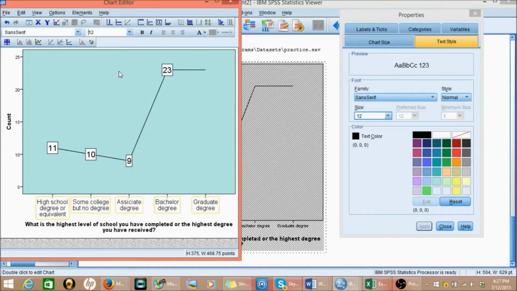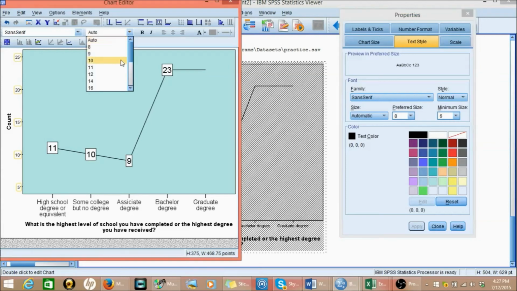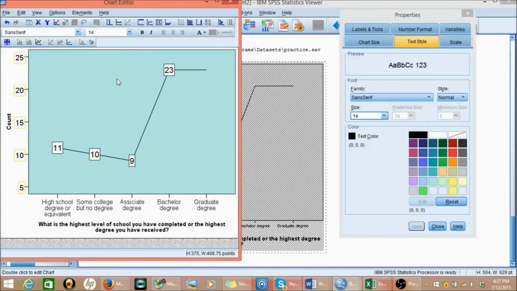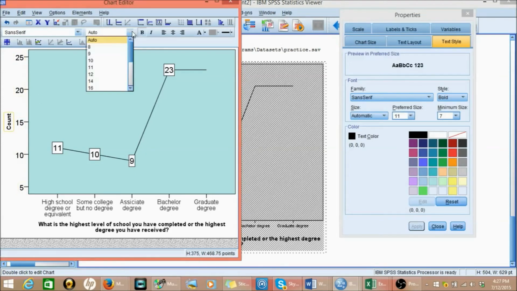I don't know how friendly this is going to be. It's not too bad. We can do the same with these labels over here and make these a little bit bigger, because remember, once we get this into Word, we're not going to be able to change it.